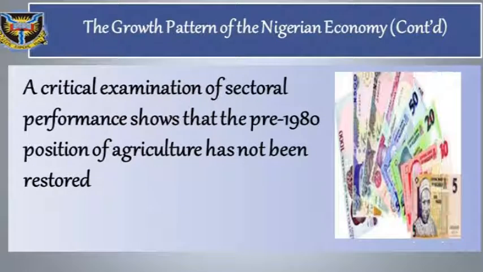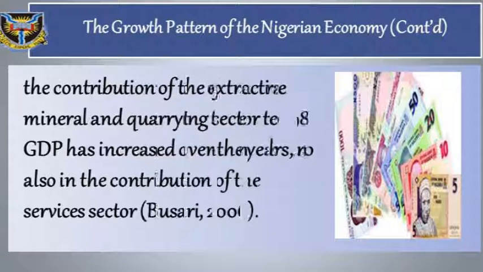A critical examination of the sectoral performance shows that the pre-1980 position of the agricultural sector has not been restored, and in fact, the contribution of the extractive, mineral, and quarrying sector to GDP has increased over the years, so also the contribution of the services sector.